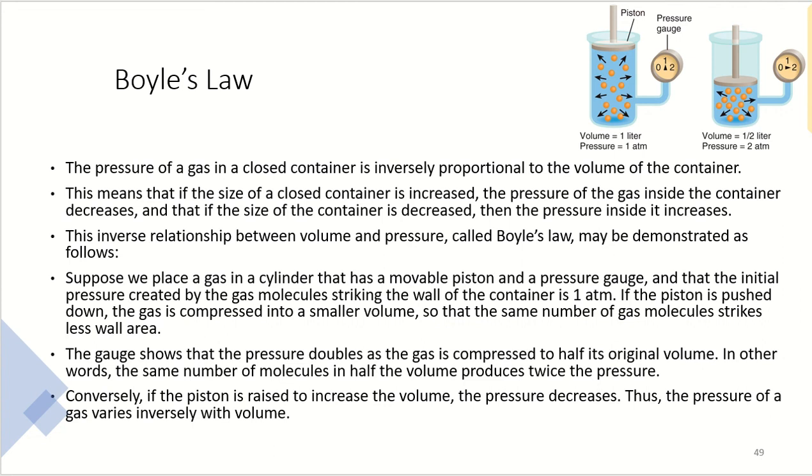The gauge is going to show that the pressure has doubled as that gas is compressed to half its original volume. In other words, the same number of molecules in half the volume is going to produce twice the pressure. The opposite is also true. If you were to raise the piston to increase the volume, this would result in a decrease in pressure. Therefore, the pressure of the gas is going to vary inversely with volume.